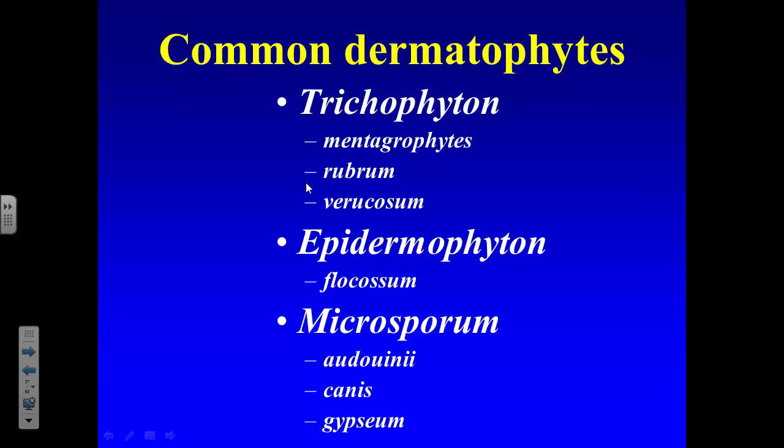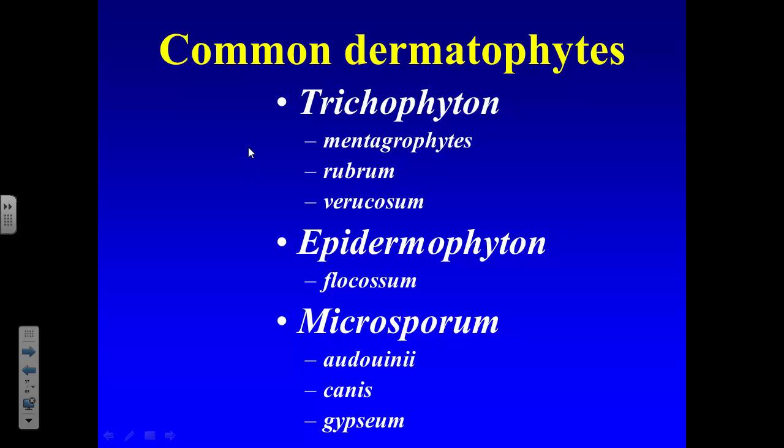Now, by the way, this is important. In your syllabus, in your lecture notes, is a table that I've assembled that has what I view as the essential fungi for you to at least memorize the names of, and again, more important, the genus rather than the species. So look at those tables if you need a review to make sure that you know enough for your exams or your boards.